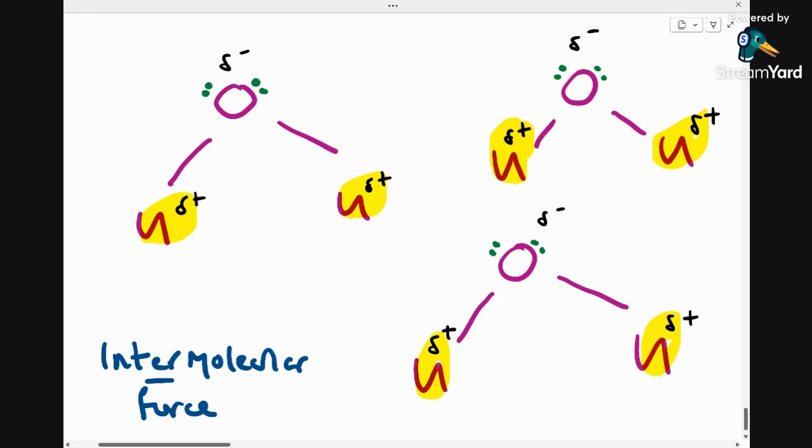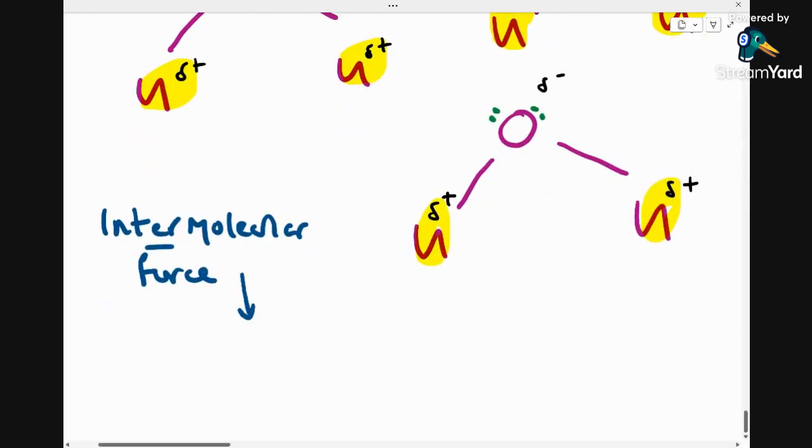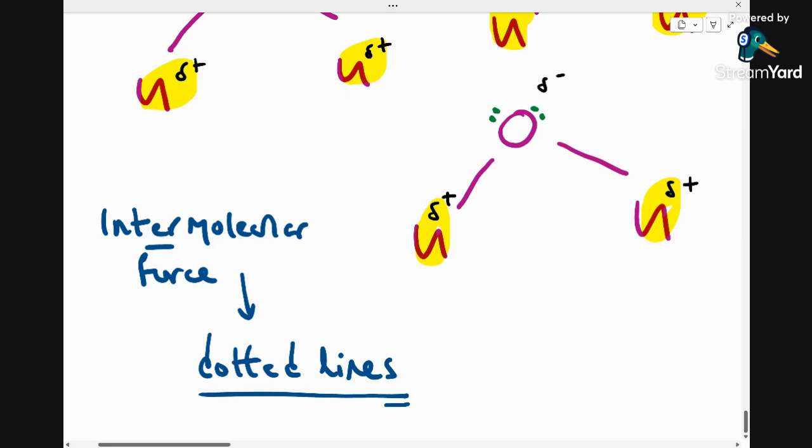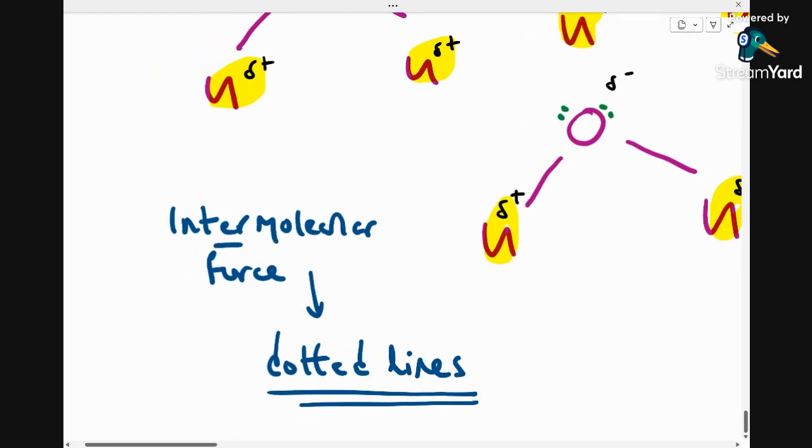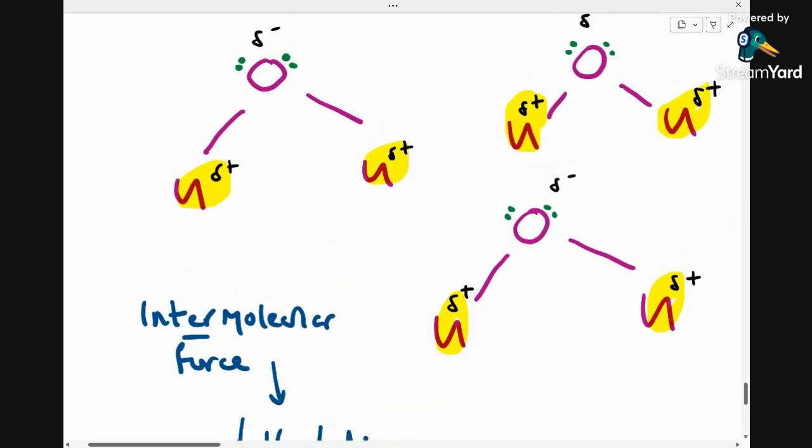And we will show this by a dotted line. We must use dotted lines because it's not a covalent bond. Please, please, please remember that. Intermolecular forces between molecules, inter means between molecules, not within, we must use dotted lines.